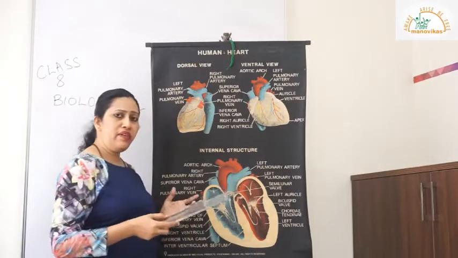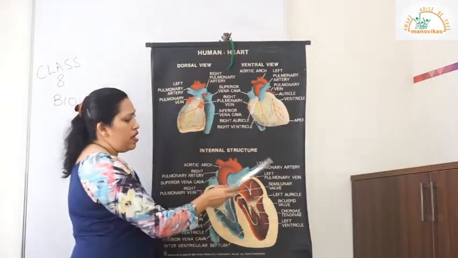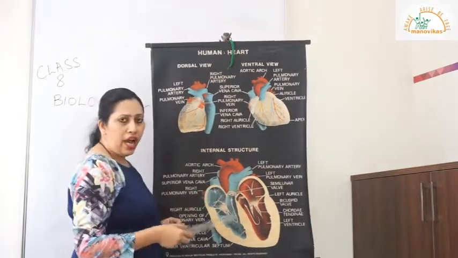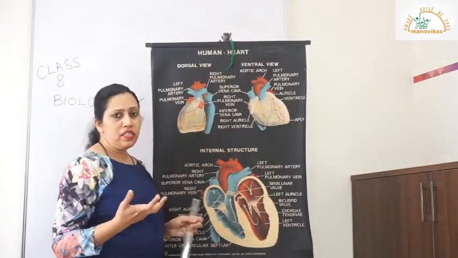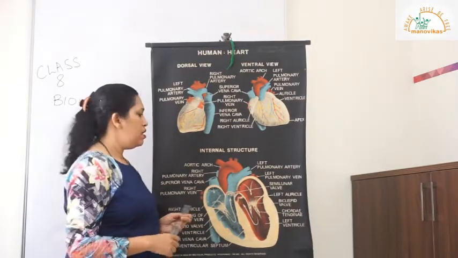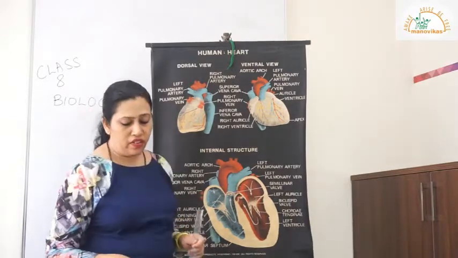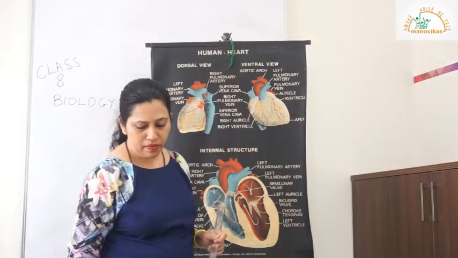But the heartbeat is there long before the baby's birth. So the lungs are functional only when the baby cries, and sometimes if the baby doesn't cry, it's a risk for the child. So this is the way our heart functions in our body.